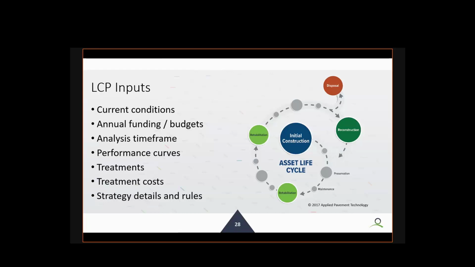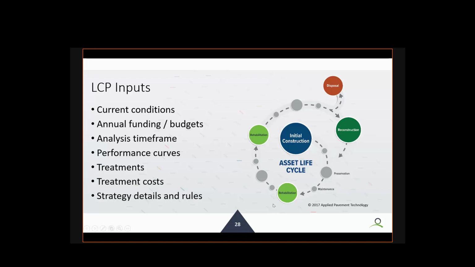So your inputs for life cycle planning are going to be much simpler than your inputs for life cycle cost analysis at a project level. But the analysis itself is still complicated because now, in the case of a state like California, you're dealing with thousands of bridges and tens of thousands of miles of pavement, right? So that's what complicates this and means you can't really dig in and do in-depth detailed analysis on every single segment of pavement. You have to trust surface distress data and data that can be collected rapidly, things like that.